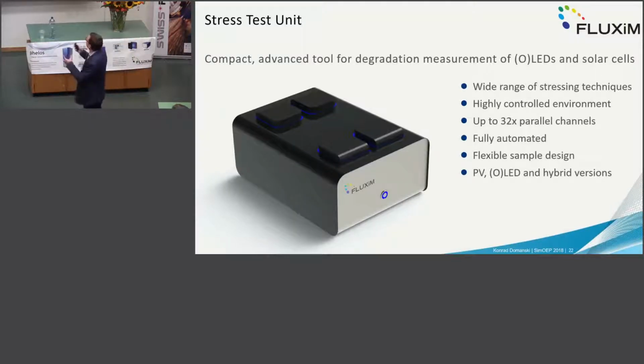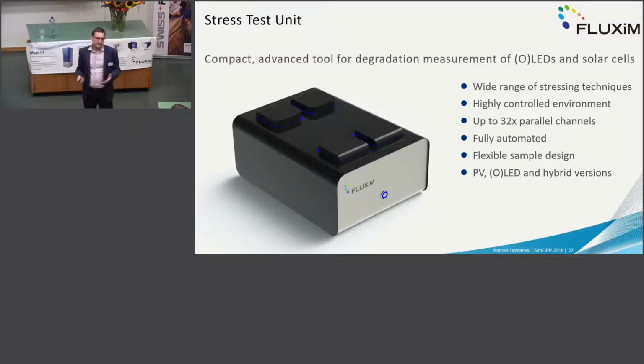So this will be a compact tool that can measure the degradation of solar cells and also LEDs, OLEDs. It will have a wide range of stressing techniques such as MPP, VOC, JSC, or any point along the JV curve. We can control temperature, atmosphere, and illumination.